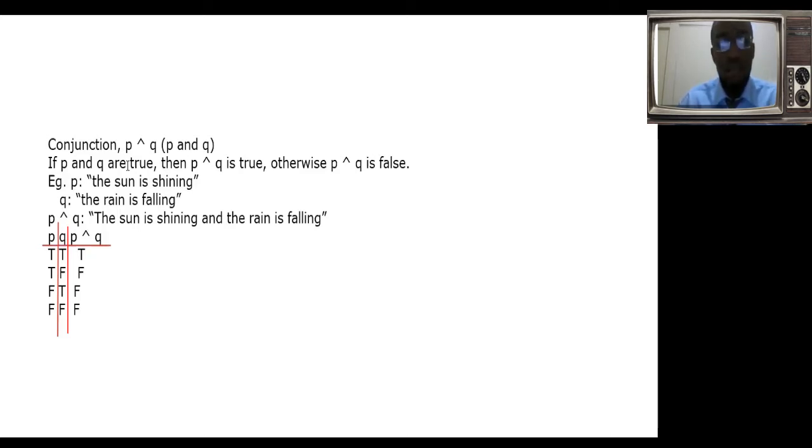And if the sun is not shining and the rain is not falling, then definitely the statement has to be false. So that is the only time when P and Q is true. P and Q is true only when both P and Q are true.